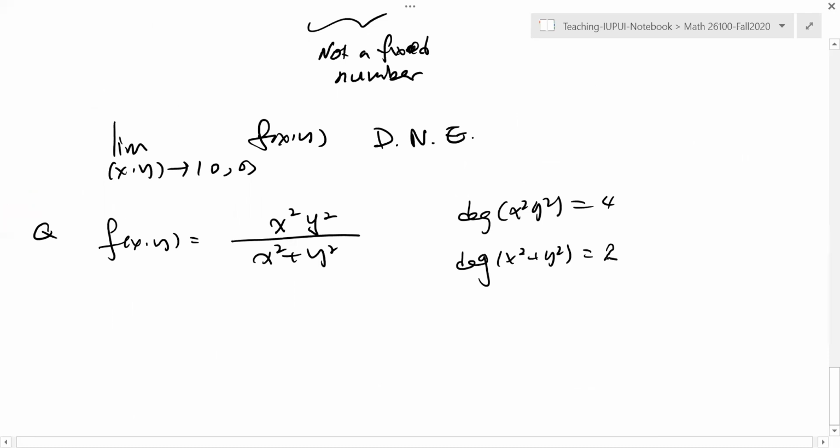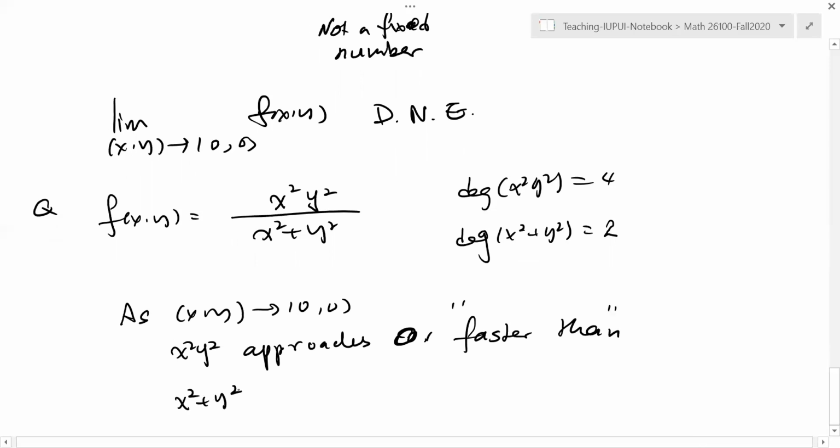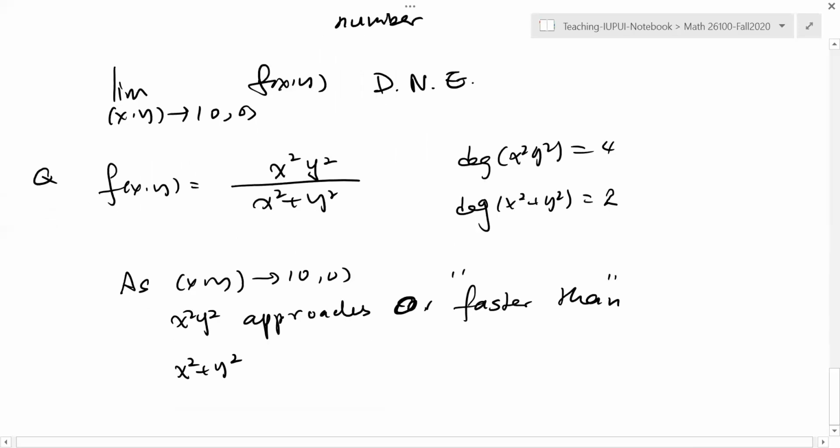So that means as x and y approach 0, 0, the origin, x squared y squared approaches 0 faster than, that's not very precise, but you can see that, faster than x squared plus y squared. So the quotient will approach 0. They are at a different rate, right?